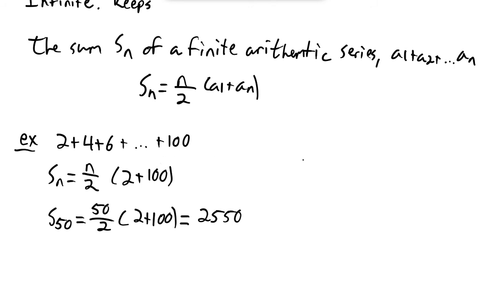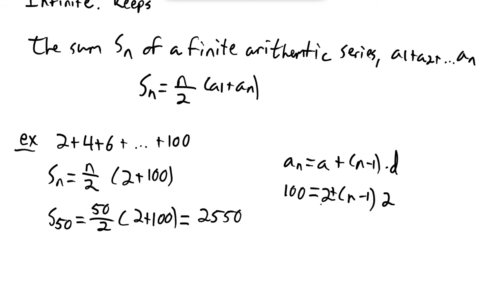So you might remember the explicit formula for the sequence was a sub n is equal to a plus n minus 1 times d. If we put all of this in, we can solve for n. A sub n, our largest term, is 100. We start off at 2, plus, we don't know what n minus 1 is, but we're going up by 2 each time.